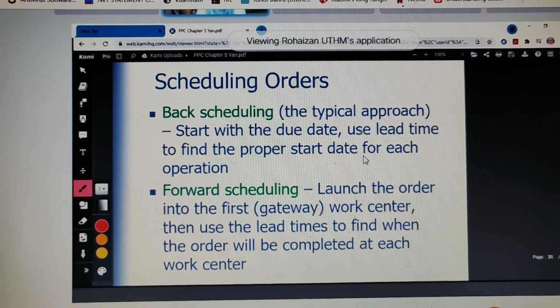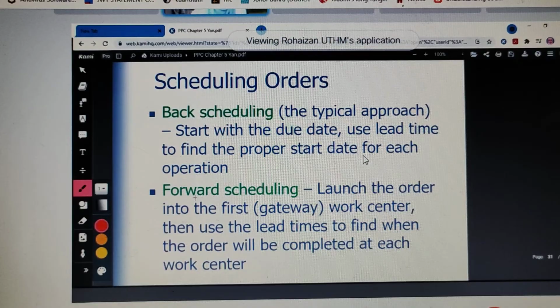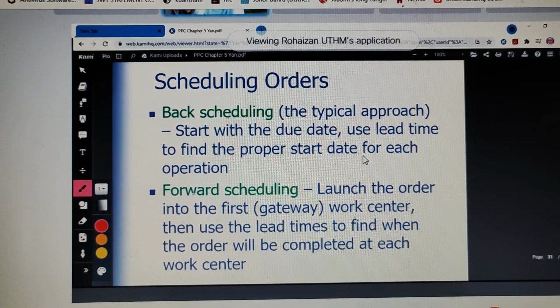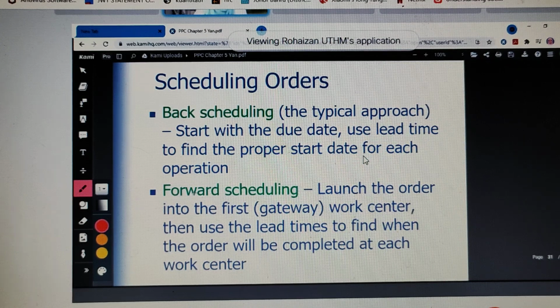There are two types of scheduling. First is back scheduling, and second is forward scheduling. The forward scheduling is like in our IM class, the sequencing method, operation sequencing, job sequencing, or machine sequencing.